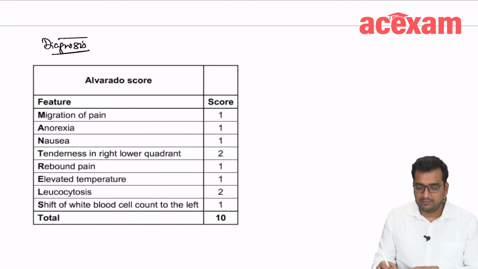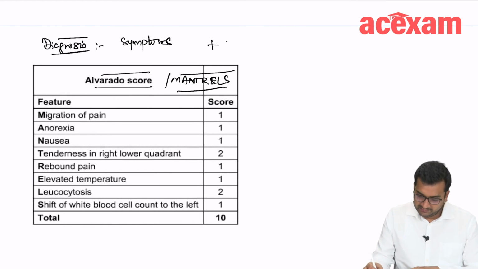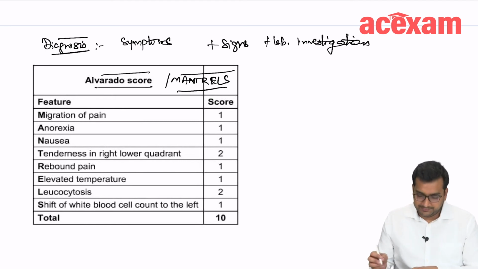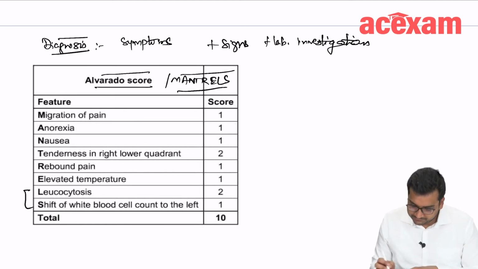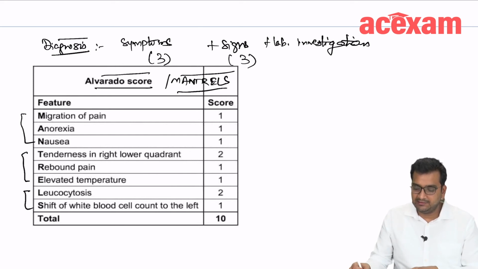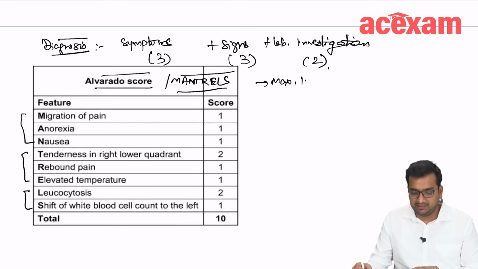For diagnosis of acute appendicitis, we use the Alvarado or Mantrels score. There are symptoms plus signs plus laboratory investigations: 3 symptoms, 3 signs and 2 laboratory investigations. The maximum Alvarado score can be 10.